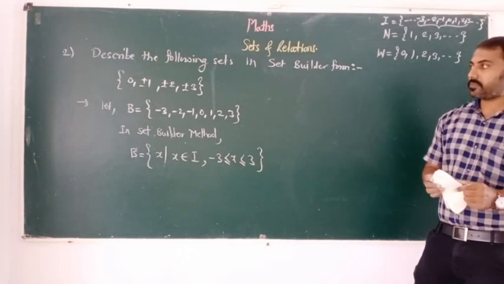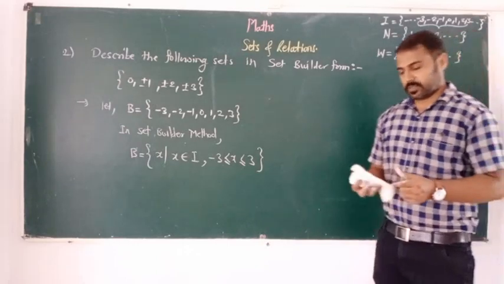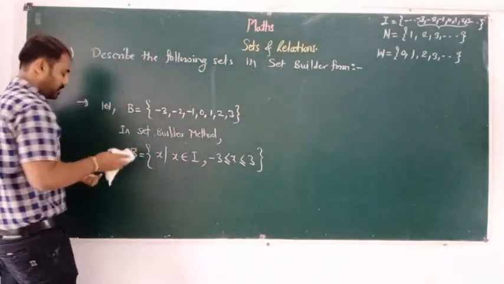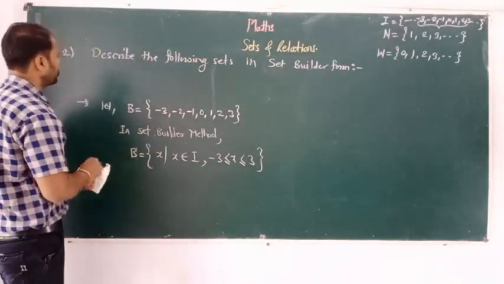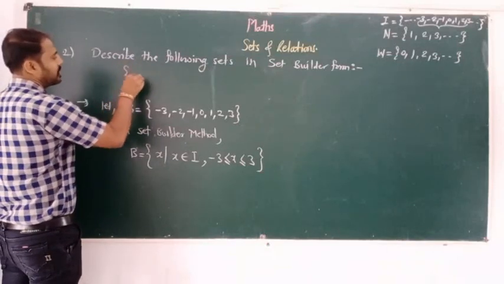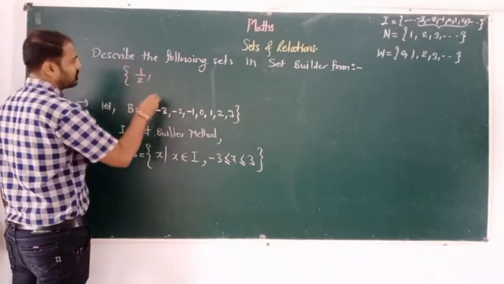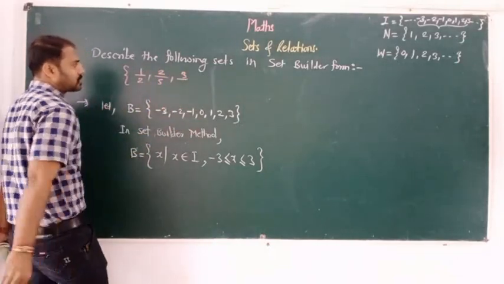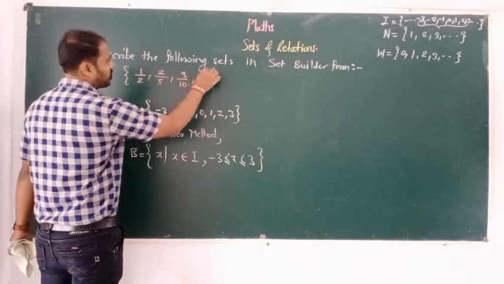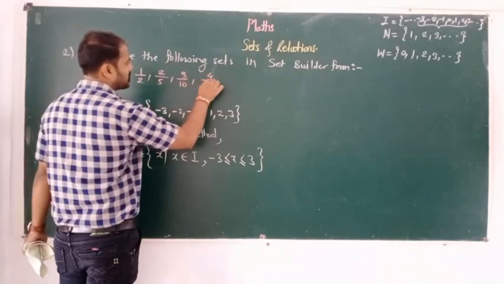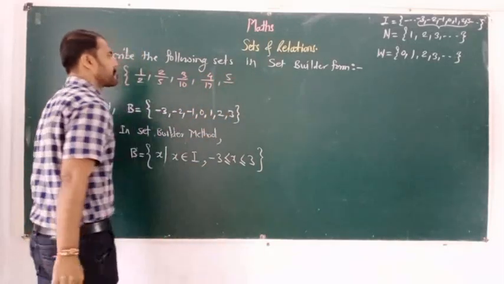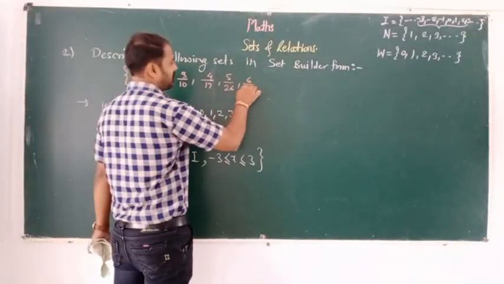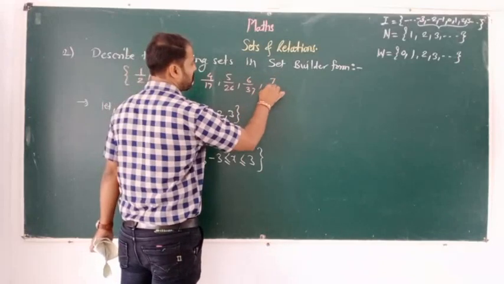Now, next, describe the set in set builder form. That set is given here. Look at here. That set is 1 upon 2, 2 upon 5, 3 upon 10, 4 upon 17, 5 upon 26, 6 upon 37, 7 upon 50.